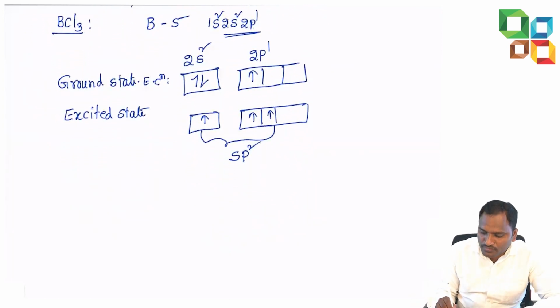So, the 3 hybrid orbitals will be arranged like this.